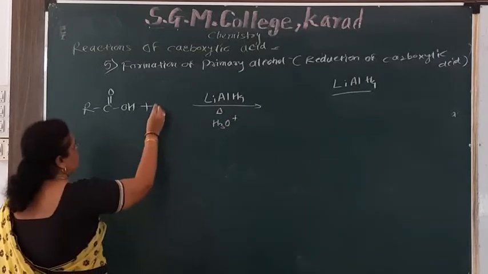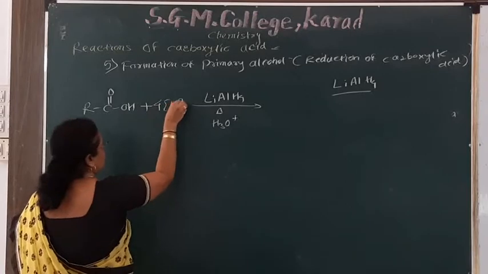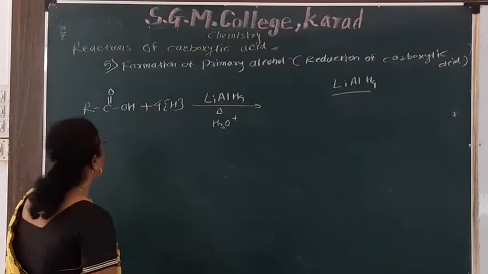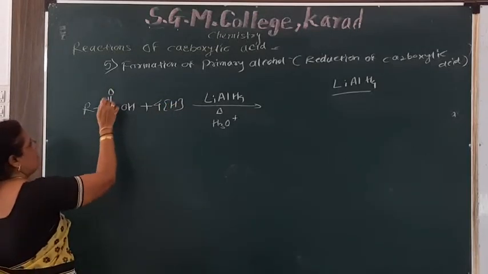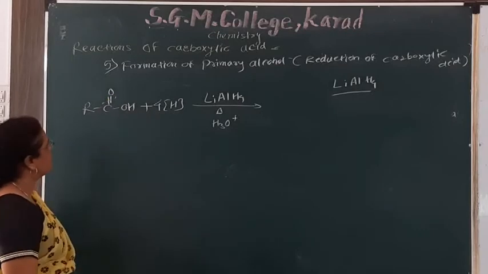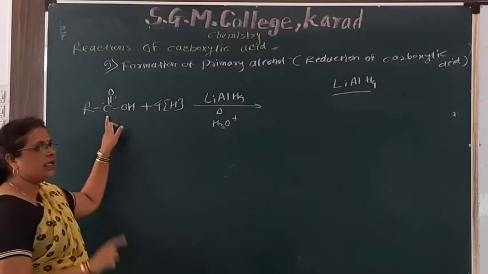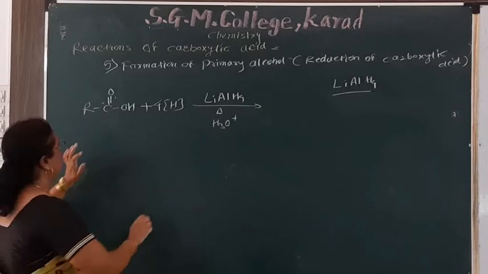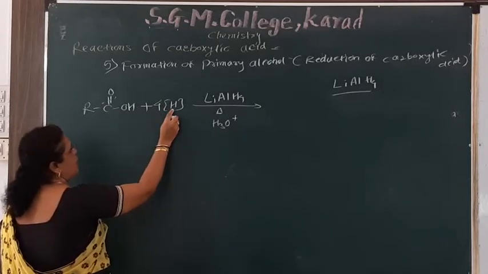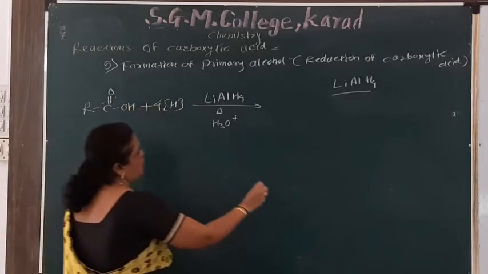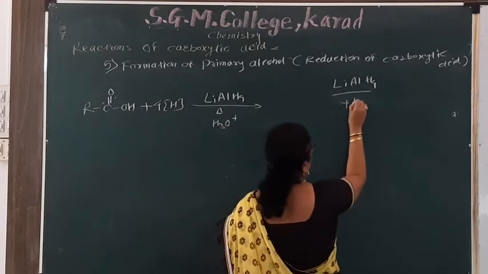For reduction, 4 nascent hydrogens are used. Then the carbon-oxygen bond breaks, and we get a primary alcohol, with this 2 hydrogen and this oxygen forming a water molecule, H2O.